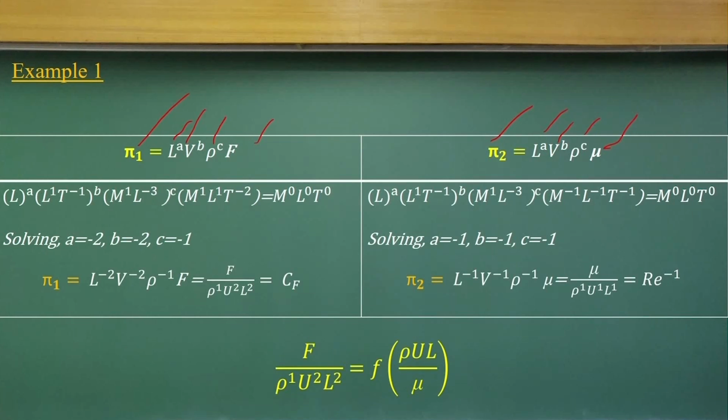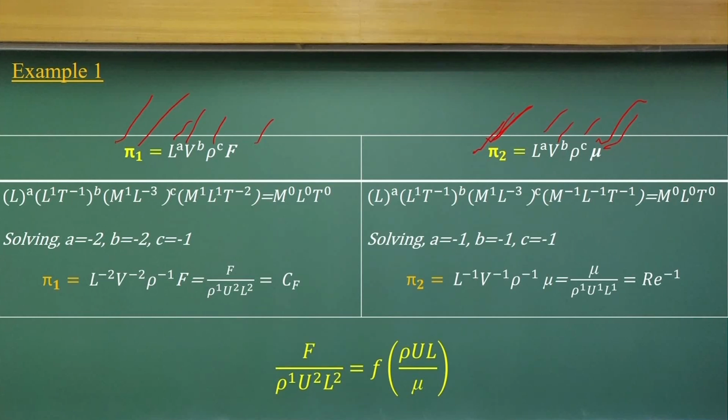I do not know what exponents of length, velocity and rho will make pi 1 non-dimensional, or what exponents will combine length, velocity, density and the dynamic viscosity to make pi 2 a non-dimensional number.